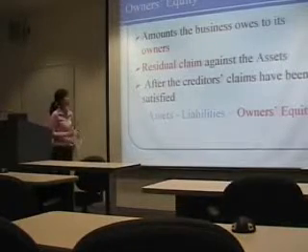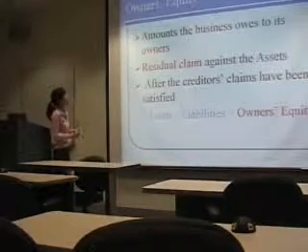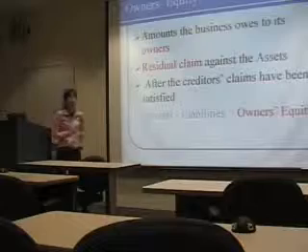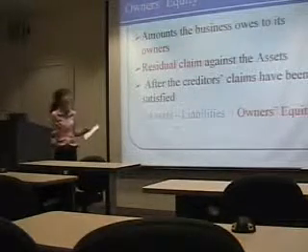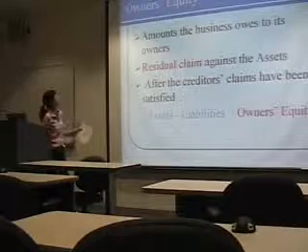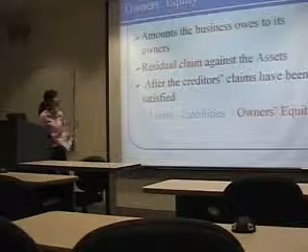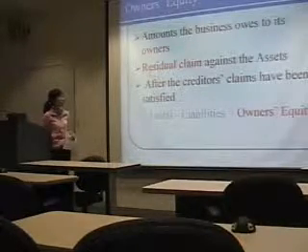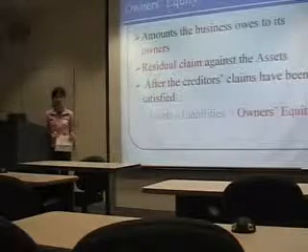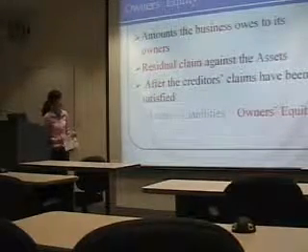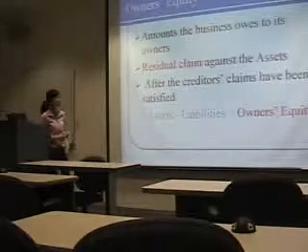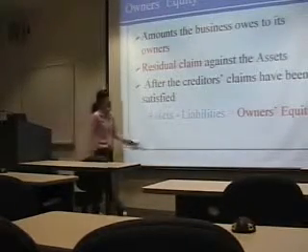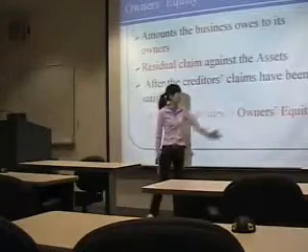So the owner's equity is the amount the business owes to the owners. It is called the owner's equity, and it is the residual claim against the assets. After the creditors' claims have been satisfied, you get your owner's equity.